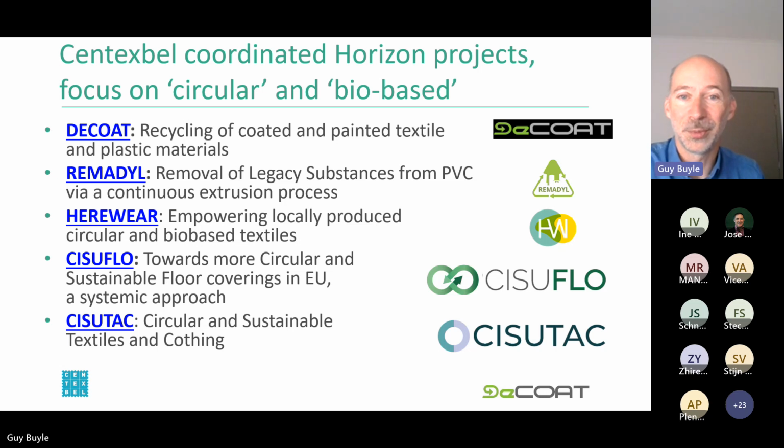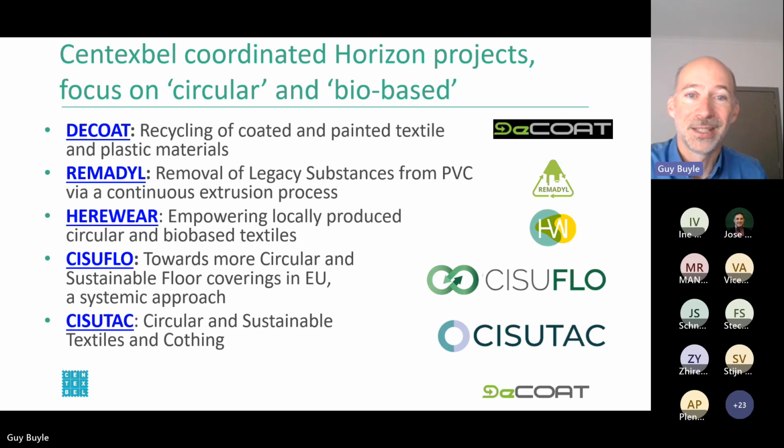So DECOAT is a European project that we coordinate, but we try to do that also for different product types or for different materials. We have one project focused on the recycling of PVC. We have a project focused on floor covering in general, also one dealing with textile and clothing.